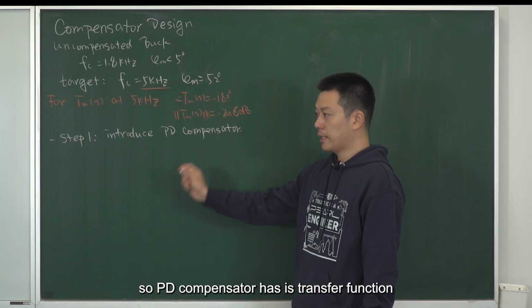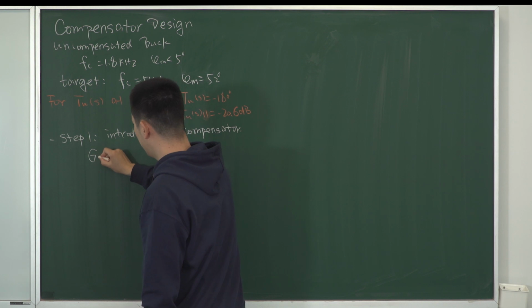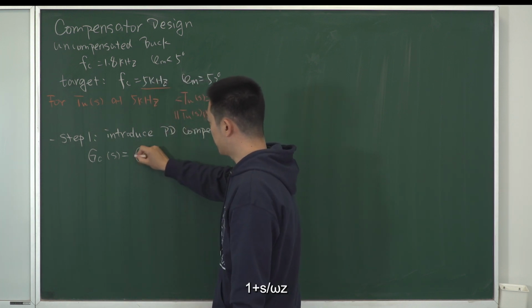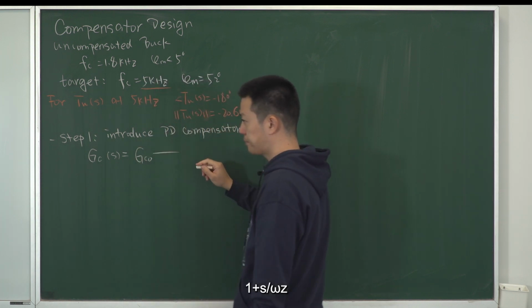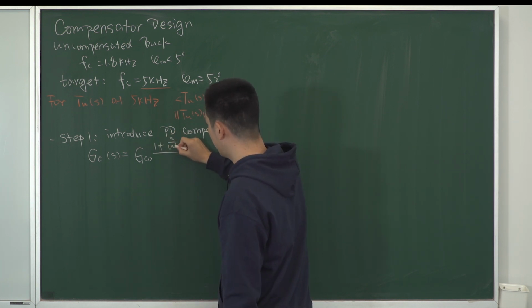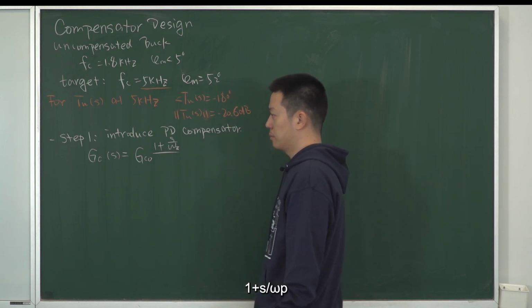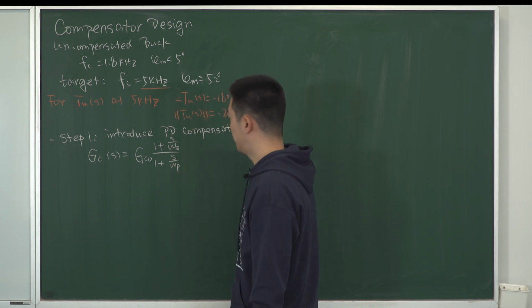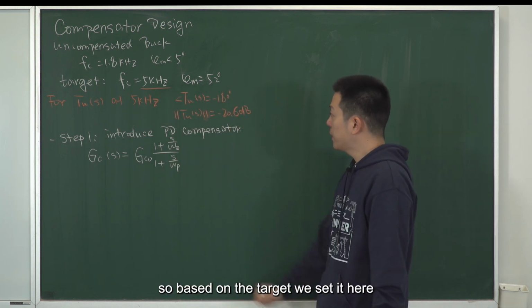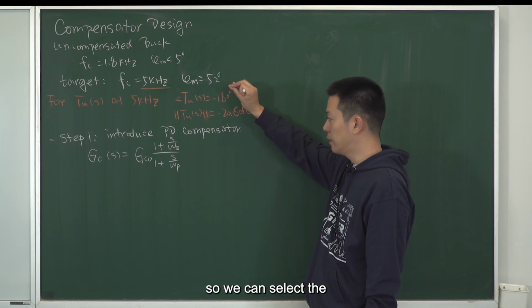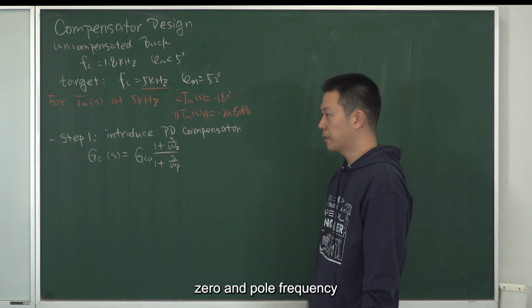The PD compensator has the transfer function C(s) equals GC0, the DC gain, times 1 plus s over omega Z, the zero, over 1 plus s over omega P, a high frequency pole. Based on the target we set, we can select the zero and pole frequencies.